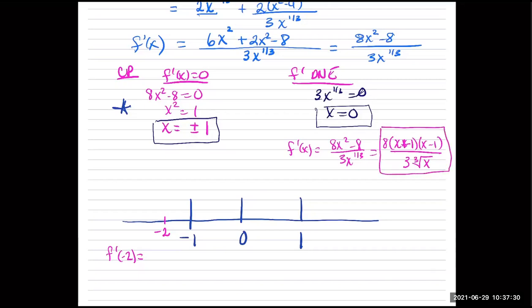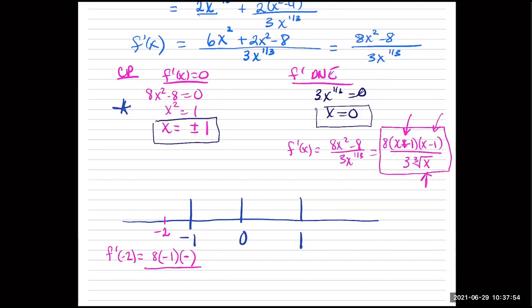If I plug in -2, notice I have 8, which is positive. If I plug in -2 into x plus 1, that's a -1. It's a negative number, right? -2 minus 1 is a negative number. You can write -3 if you want, but I want you to get the idea that I'm just checking the sign. What about the denominator?